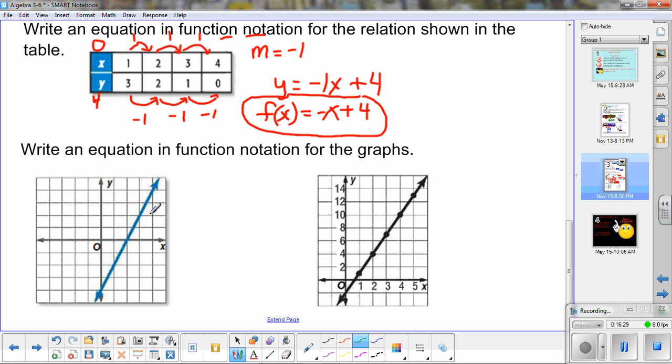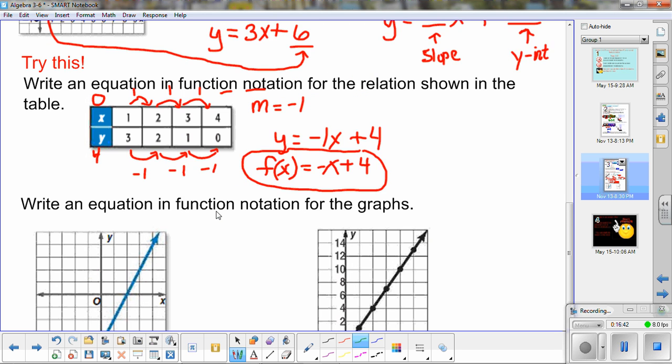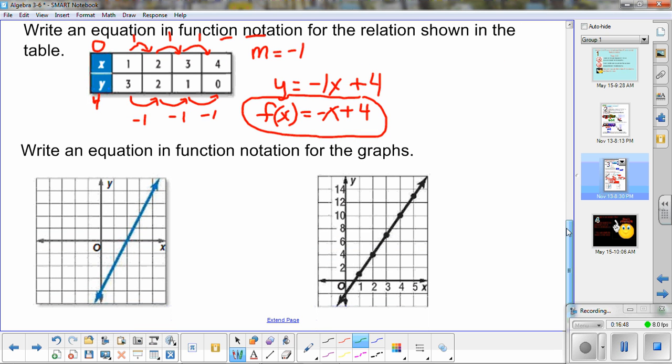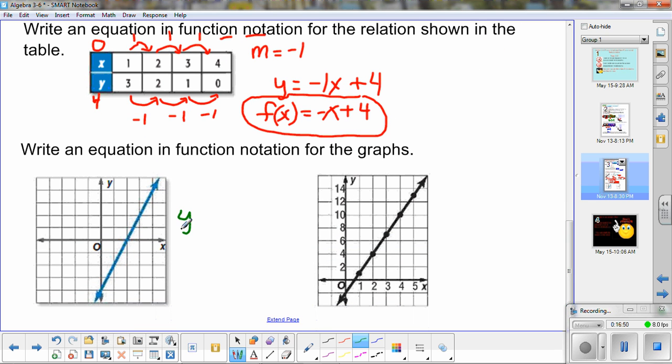Here we have 2 lines on a graph, and we need to write an equation in function notation. You could go and make a table from your graph and do like we did up here, or you can do what I said up here and just look for the slope and the y-intercept. If I look for the slope and the y-intercept, this, remember, is the slope, and this is the y-intercept.